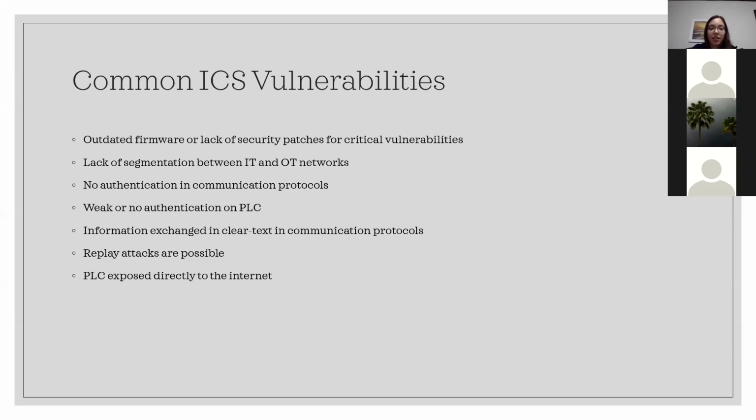Replay attacks. Because there's no authentication or encryption, an attacker can capture some packets from the exchange between the PLC and a workstation or an HMI, and then replay it later, and make the PLC think that it's actually talking to the HMI.